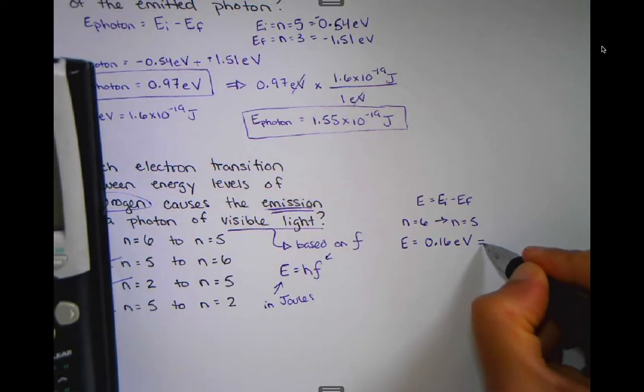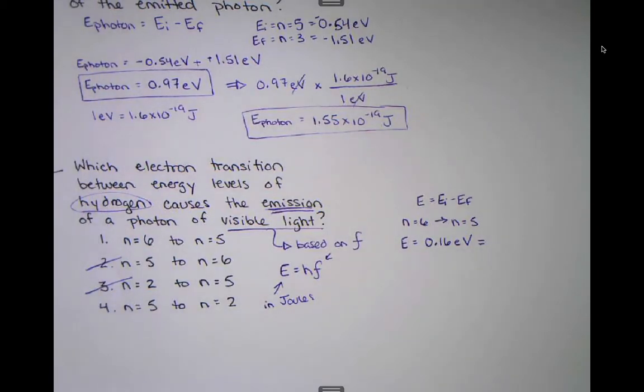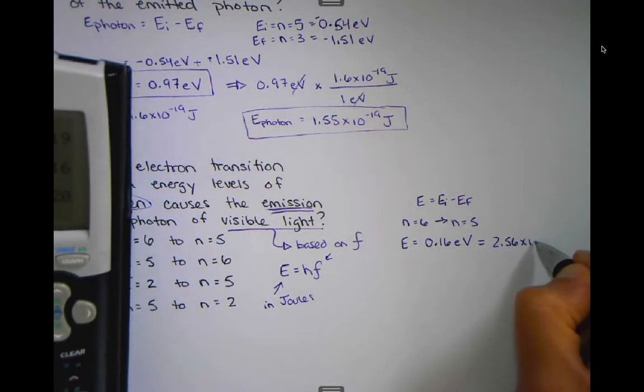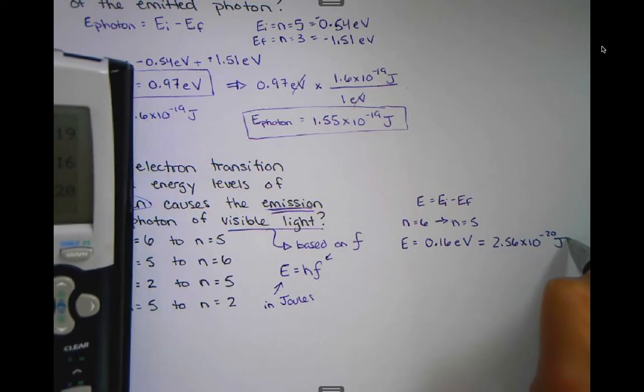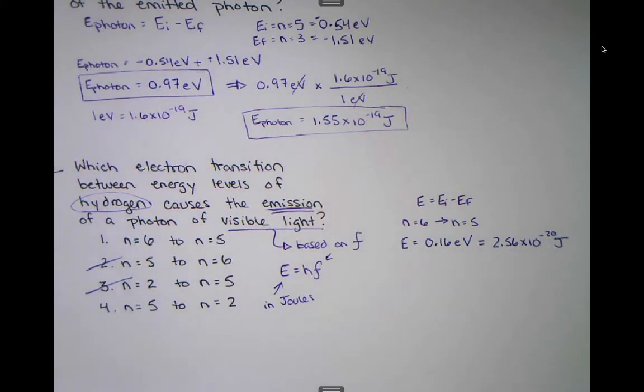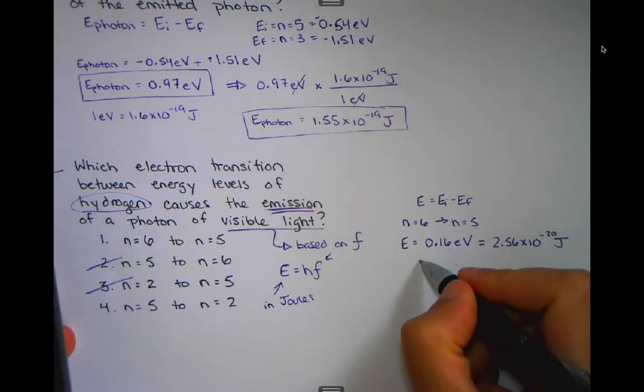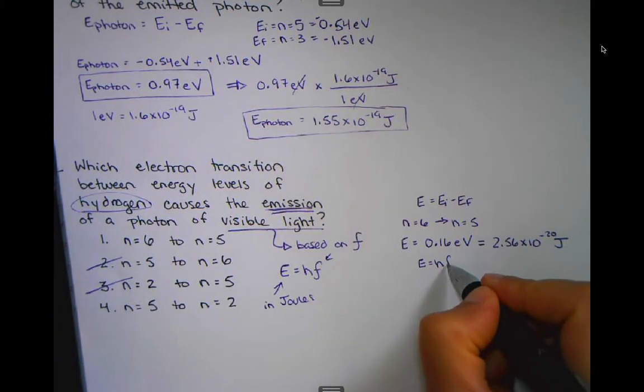Now I have to convert that to joules, so I'm going to multiply by 1.6 times 10 to the negative 19. That gives me 2.56 times 10 to the negative 20 joules. Well, that still doesn't tell me anything. Now I have energy in joules that I can place into E equals hf.